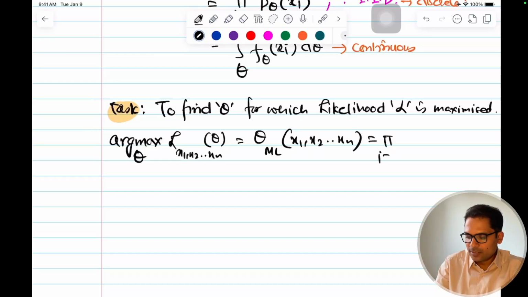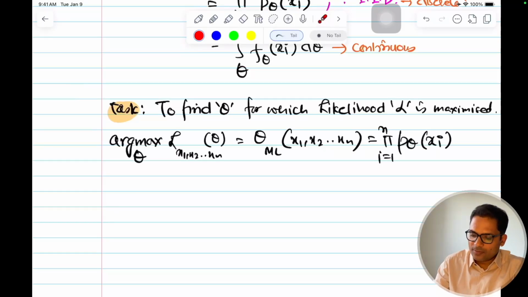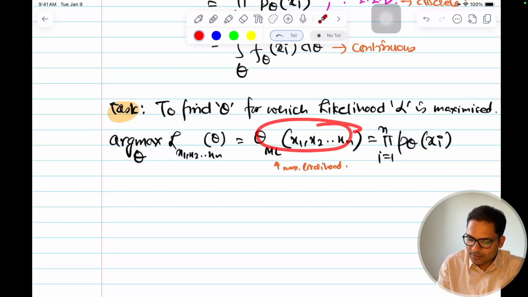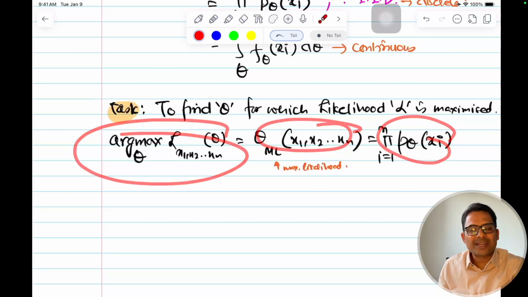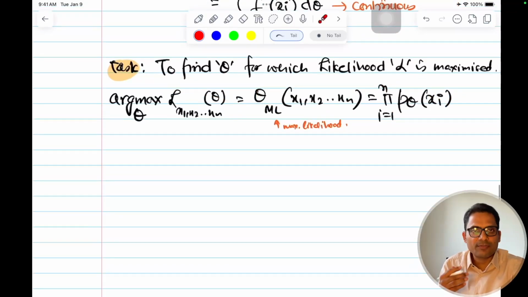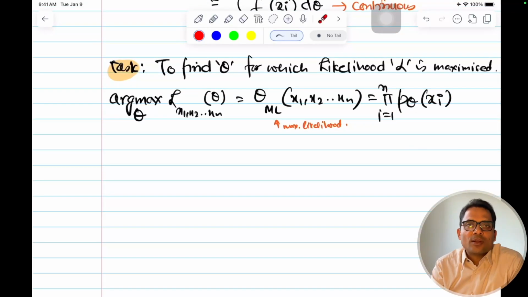This is the product over i equal to 1 to n of the probability, with parameter theta, of observing all the xi's. Theta ML means maximum likelihood, the parameter we want to find out. For maximizing, as I said, we differentiate and try to find it.